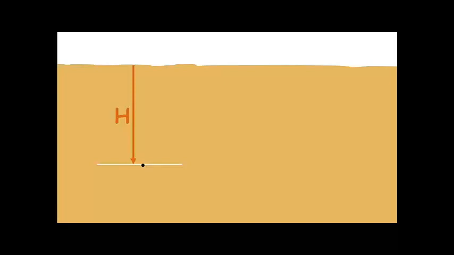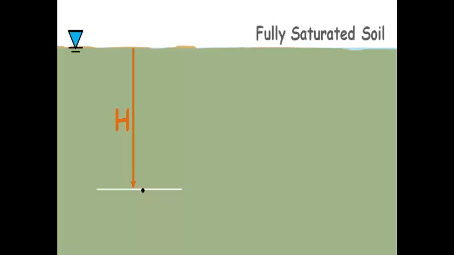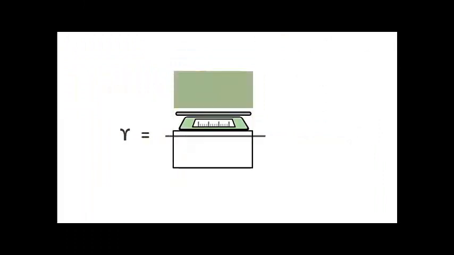For simplicity, we assume that the water table is at the ground level and the soil is completely saturated. Let the saturated unit weight of the soil be gamma sat. We know unit weight of soil is the weight of soil divided by its volume.